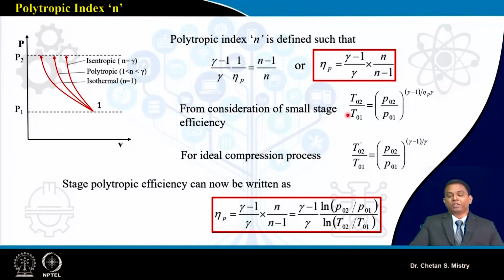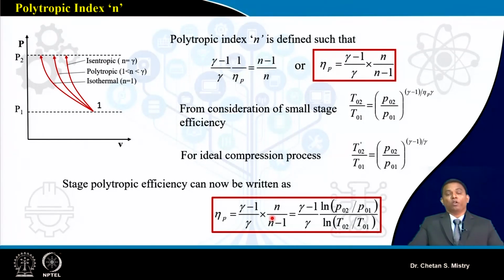We can represent that in terms of my pressure ratio. Finally, my stage polytropic efficiency is gamma minus 1 over gamma into n minus 1. If I have an isentropic process, for which I put n as gamma, that is what will come out. So this is all we are looking for in our understanding.